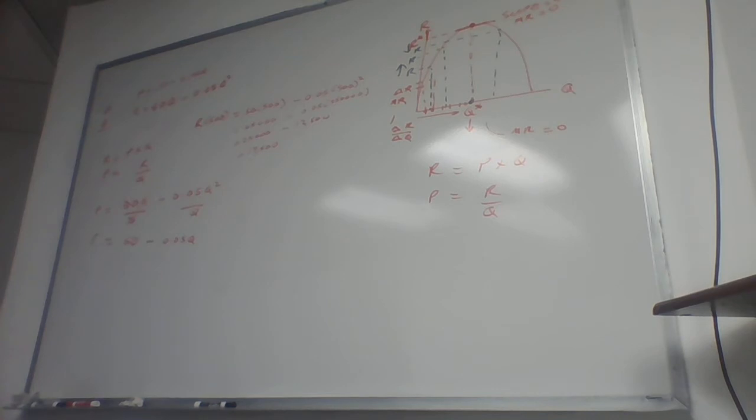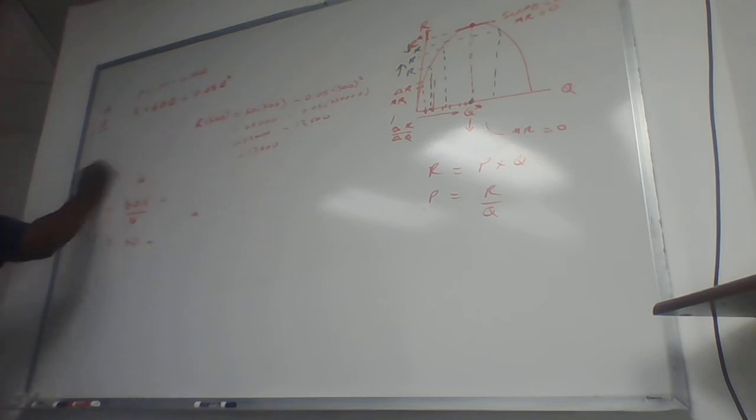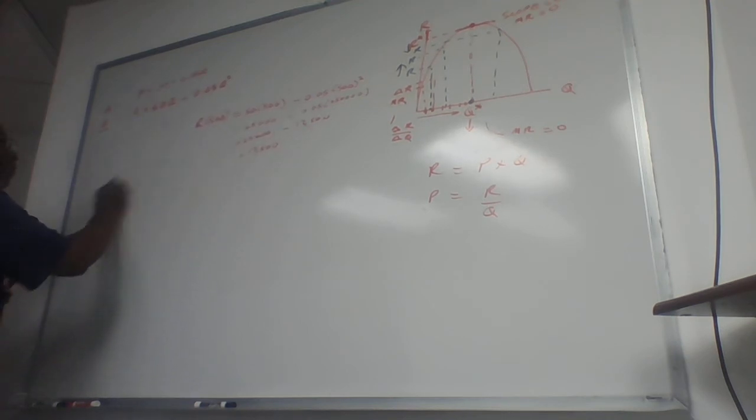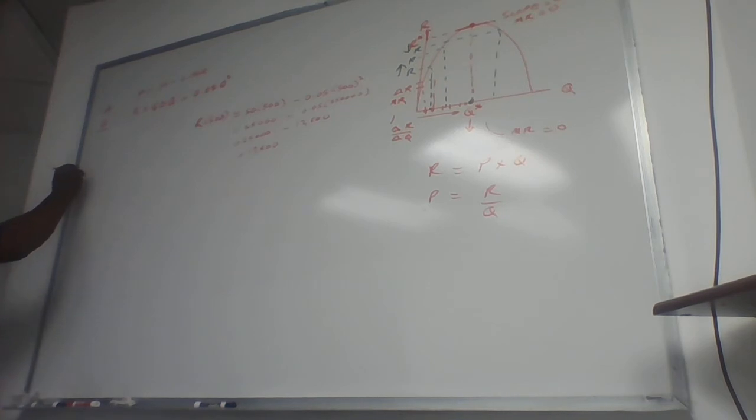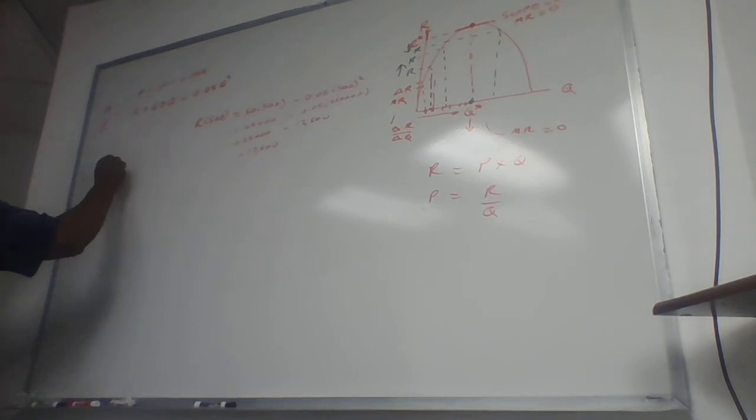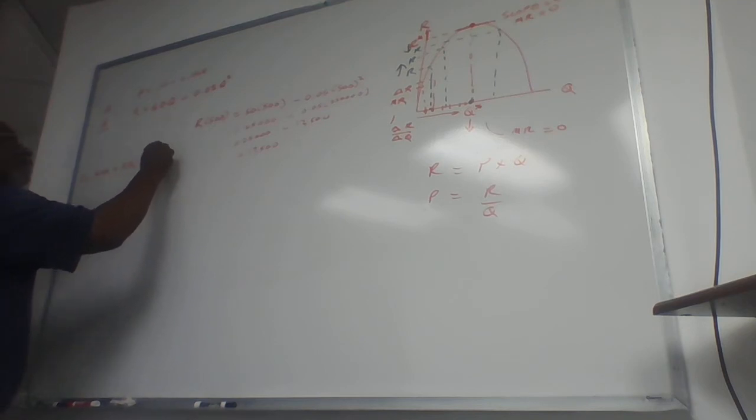The cost function is 640 plus 8Q plus 0.0025 Q squared.